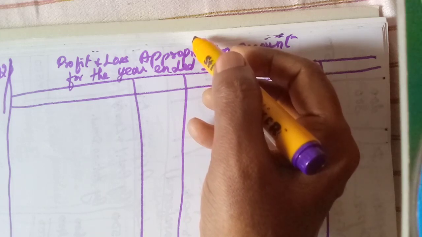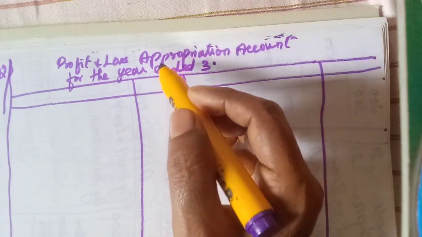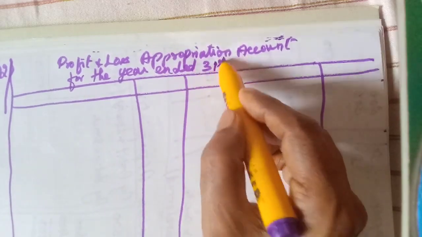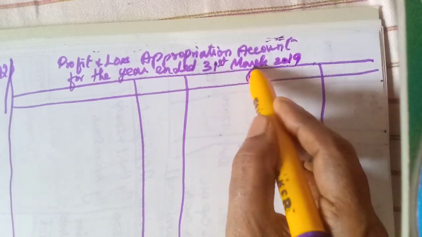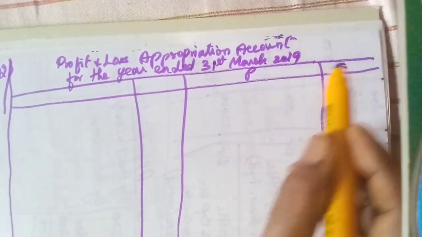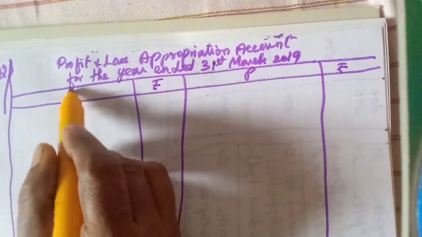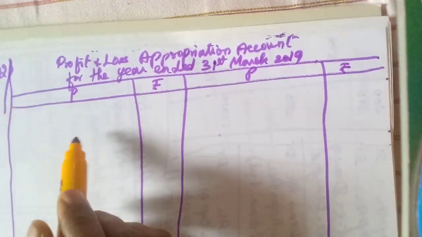So it will end in March 2019. Okay, 31st March 2019. Now here particulars, rupees. Date also will come there.